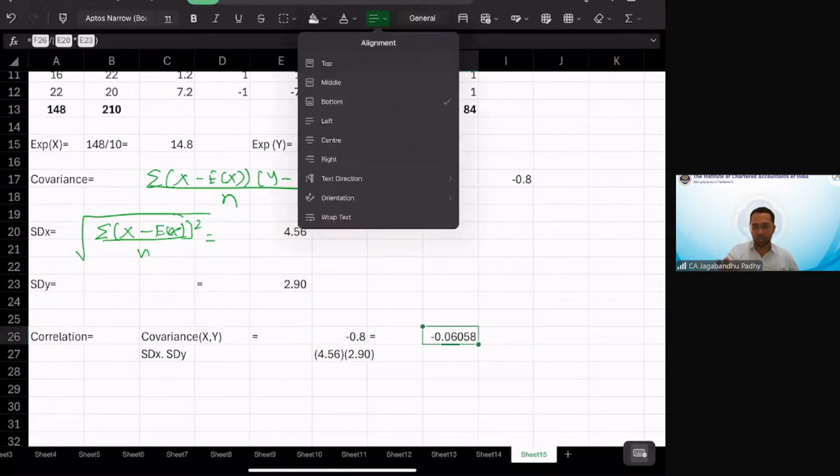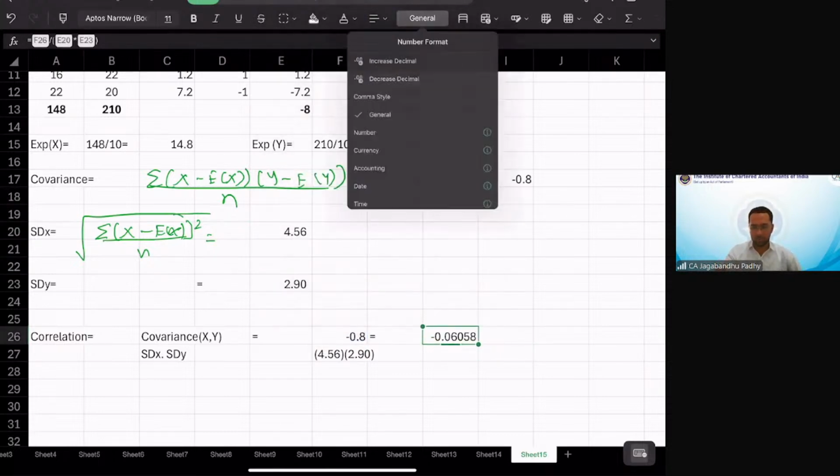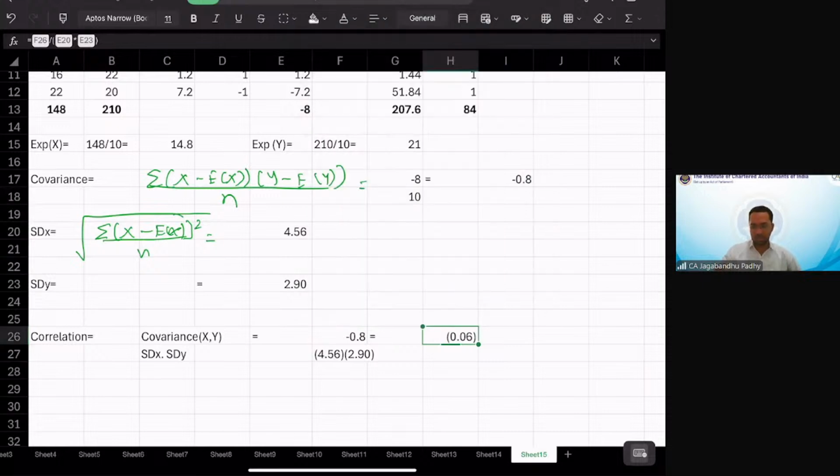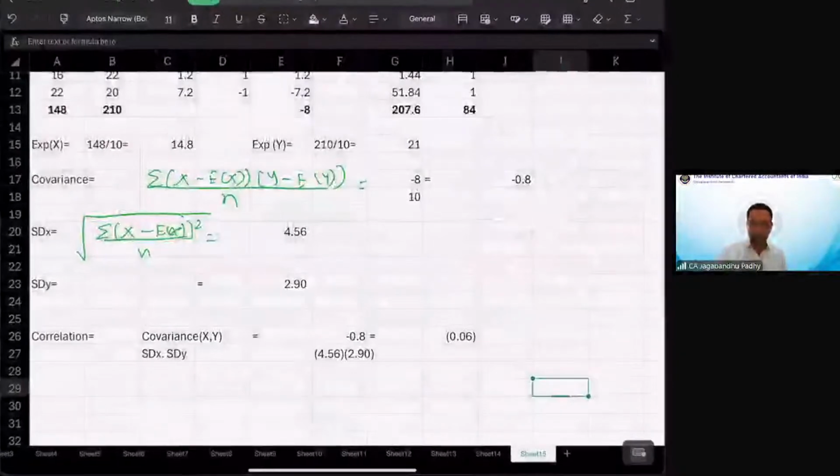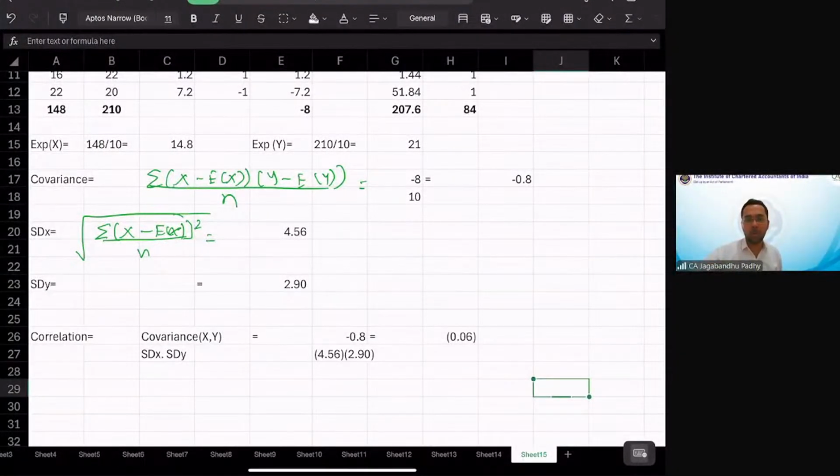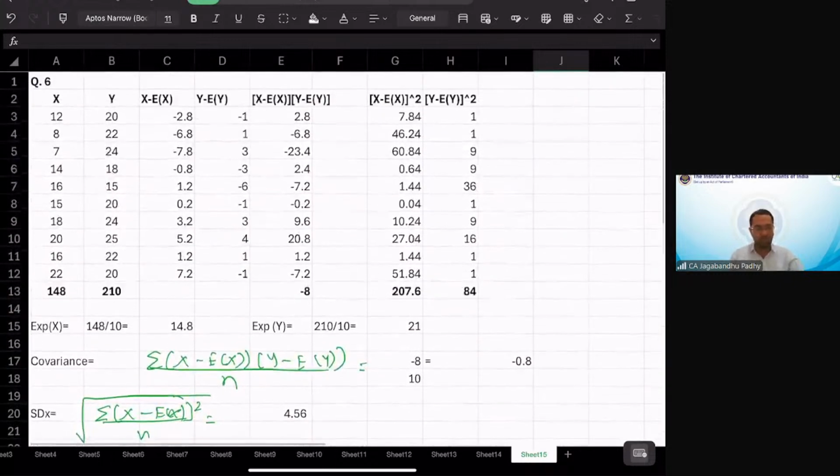So the correlation is extremely low, which works out to be minus 0.06. Okay, so that's how we compute the correlation, covariance, and the standard deviation of the securities.